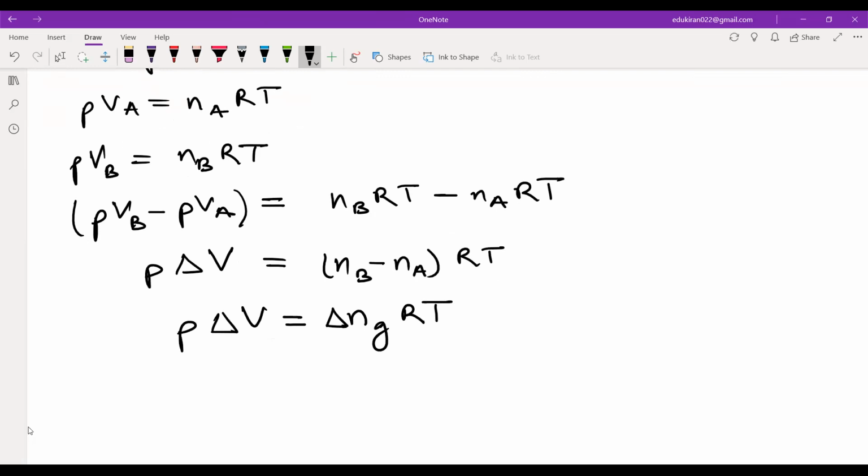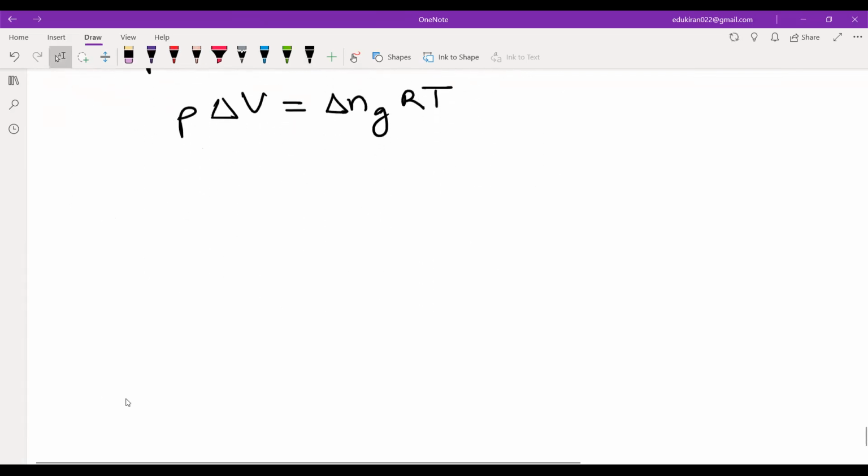And therefore, we can write delta H is equal to delta U plus delta NG RT.